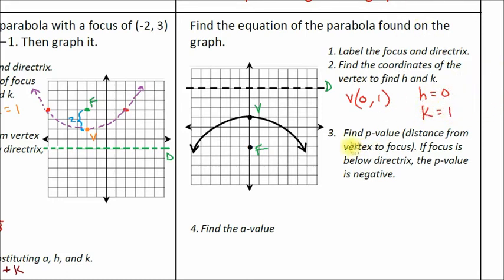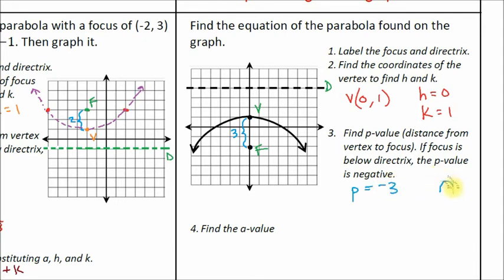Next step, find the p value, the distance from the vertex to the focus. Well, that's right here. And if you look, it's 1, 2, 3 units, but realize that this is a downward facing parabola. It cannot cross the directrix. It's going to wrap around the focus, and that means our p value has to be a negative value, is -3.